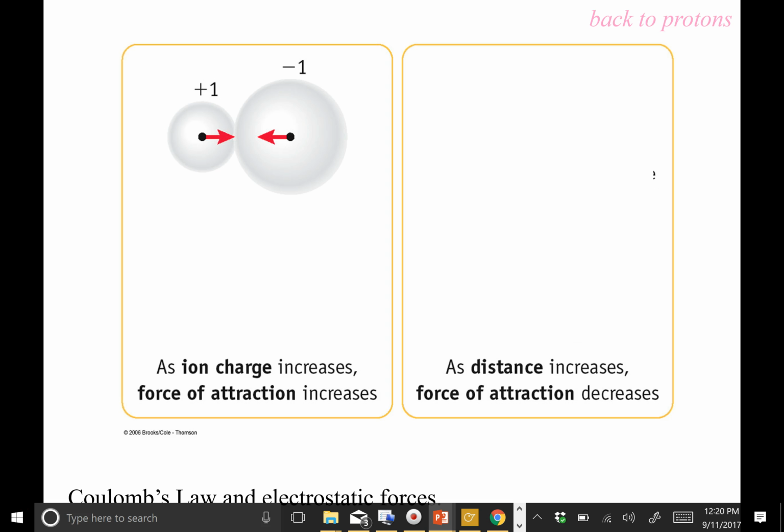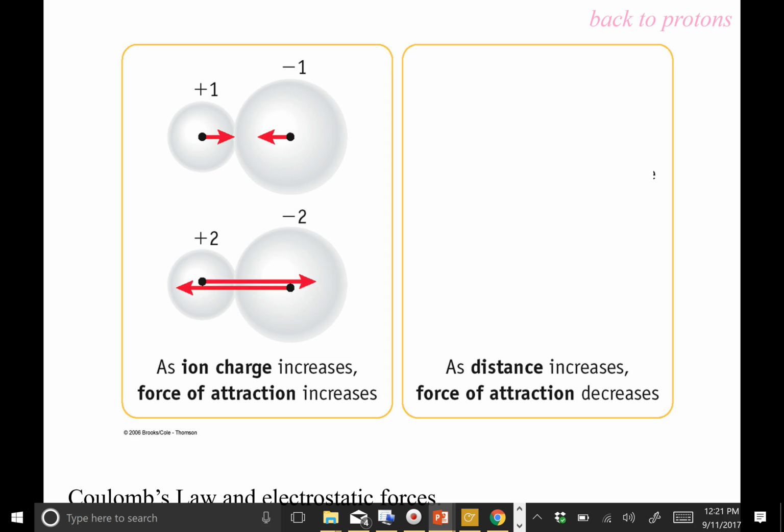We said chlorine will form a -1 charge, and as you maybe remember, sodium, lithium, potassium, rubidium, cesium, francium, they'll form a +1. So we have a -1 and a +1 ion. Those red lines right there, the length of the red line, the arrow, shows you magnitude. I do this all the time.